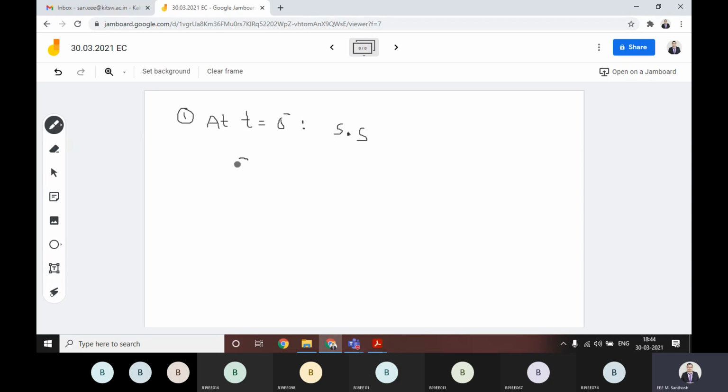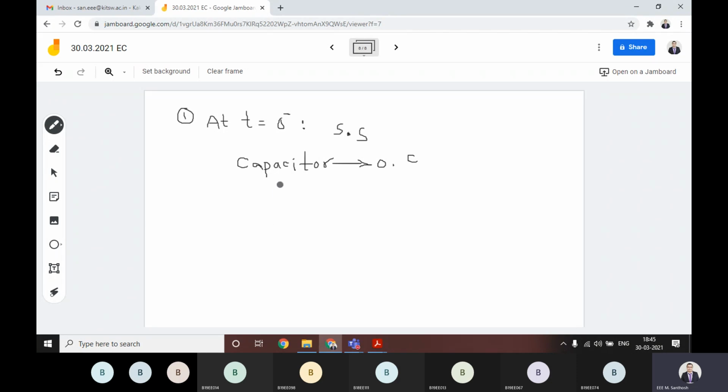Then at steady state, is the capacitor an open circuit or a short circuit? Obviously, at steady state this capacitor acts like an open circuit.